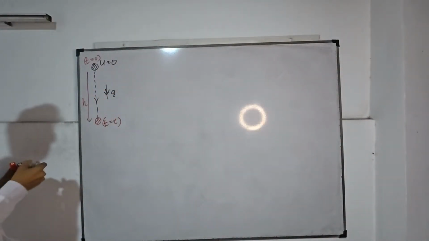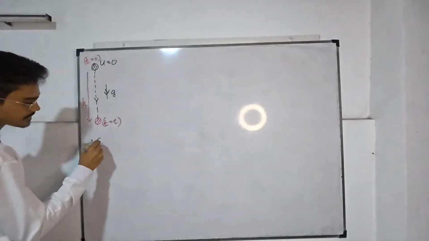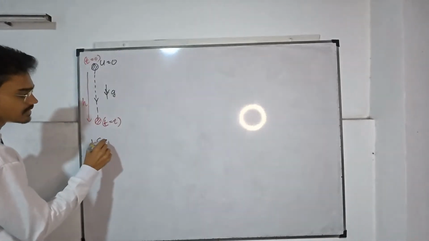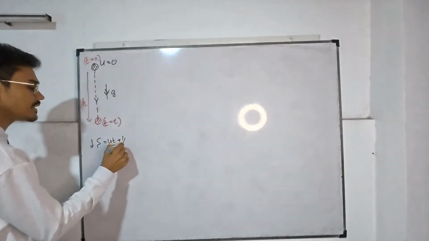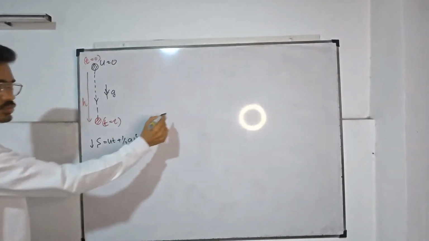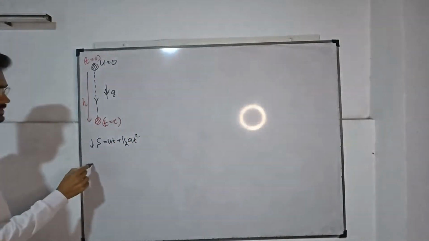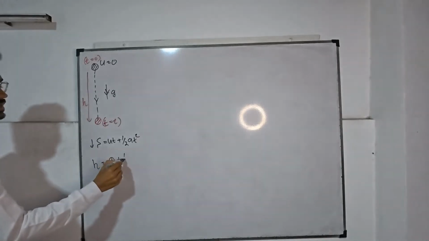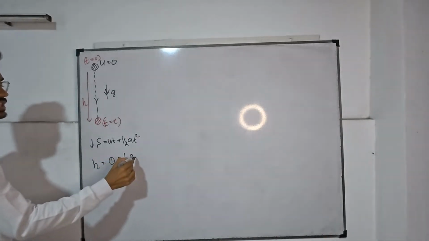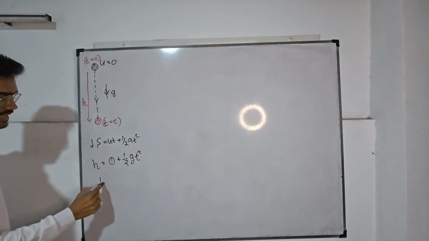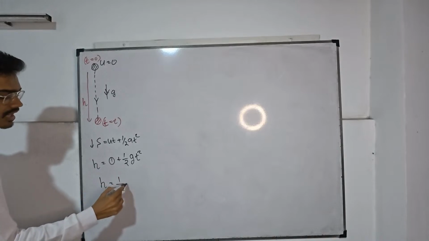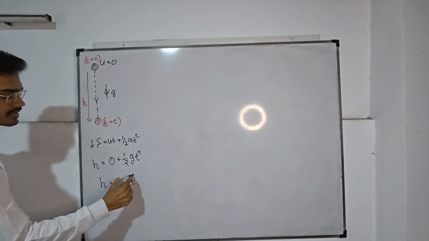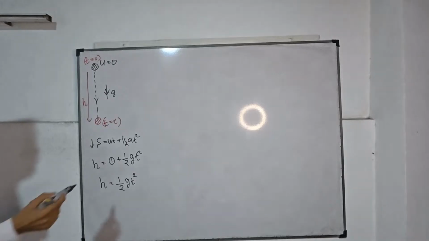I'm using s equals ut plus half at squared, downwards. S is h, u is 0, so ut is 0, plus half acceleration g times t squared. So the equation is h equals half gt squared.